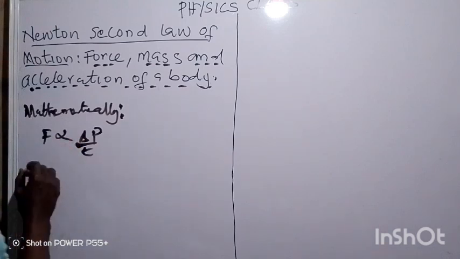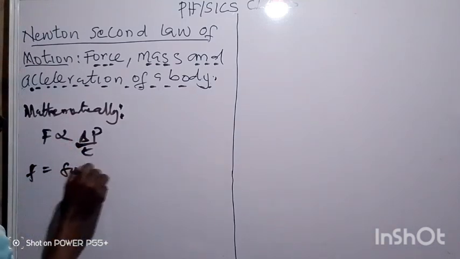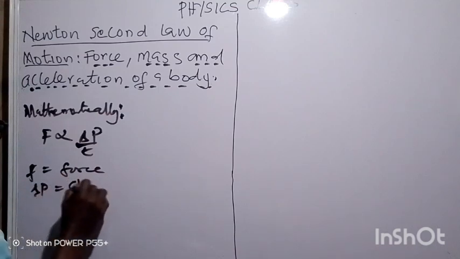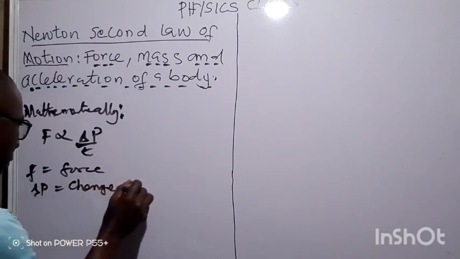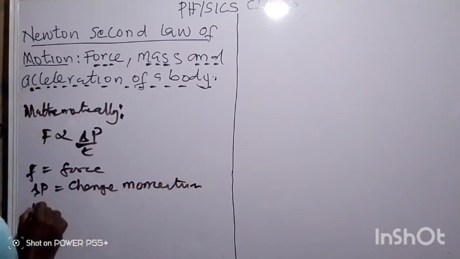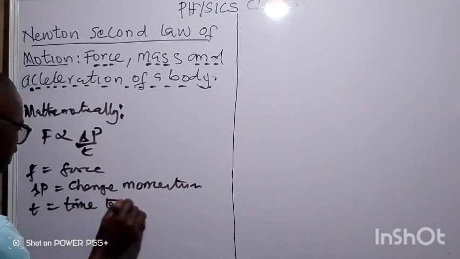Where F is force, delta P is change in momentum, and t is time taken.